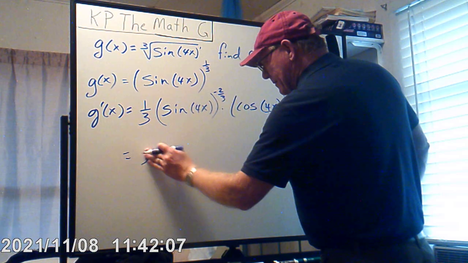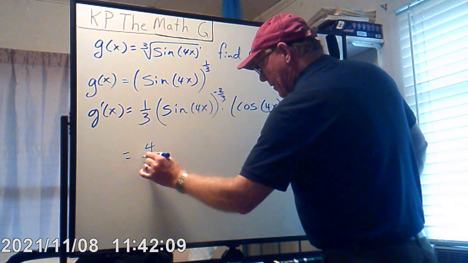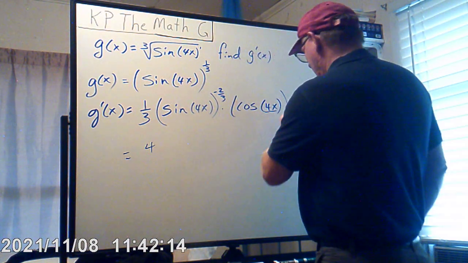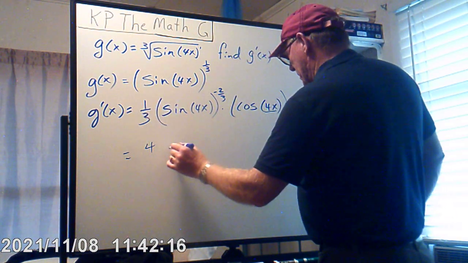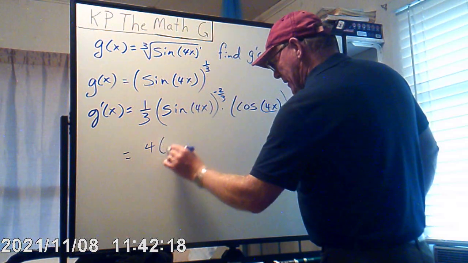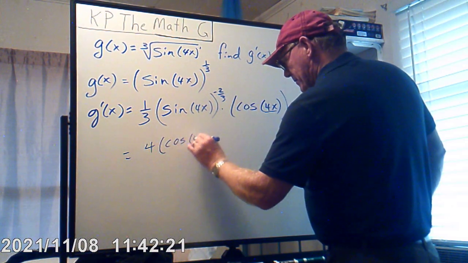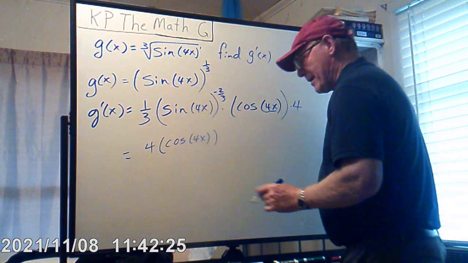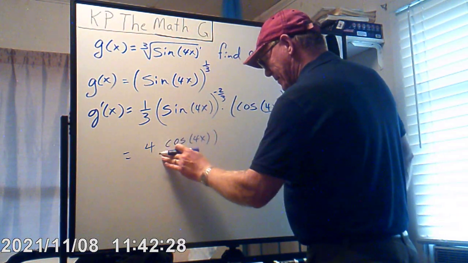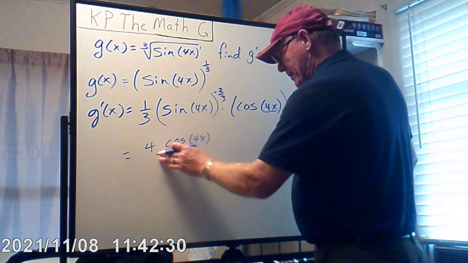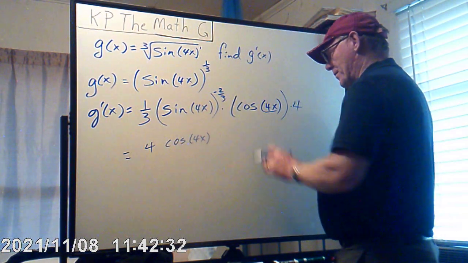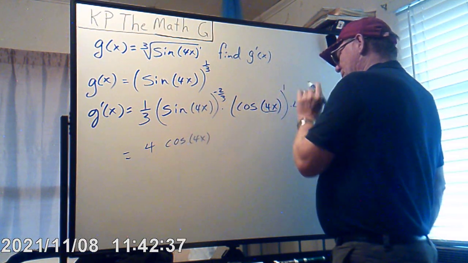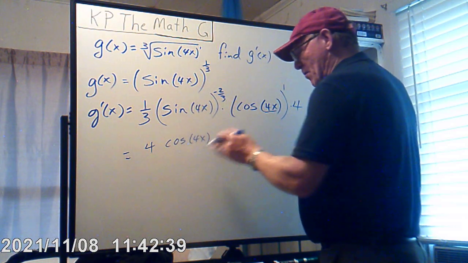So 4, and I'm going to put cosine of 4x. Okay, 4 cosine 4x. This does not have a negative exponent, it has a positive exponent, understood to be 1.